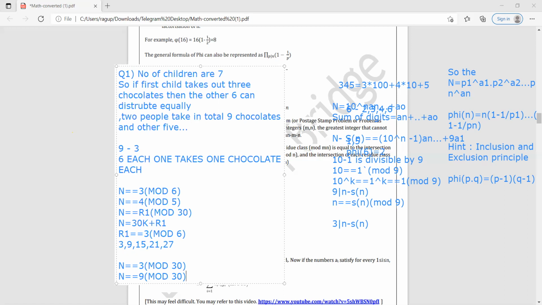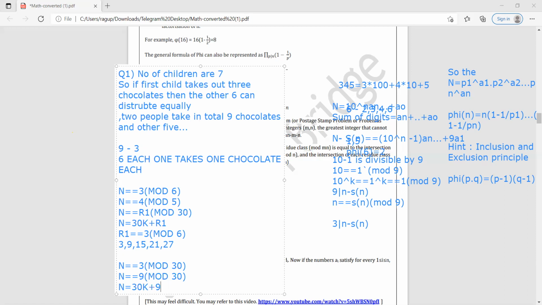So this is correct. Thus n is 30k plus 9, n is equal to 9 mod 30. So the minimum number of chocolates that satisfy our condition is 9.